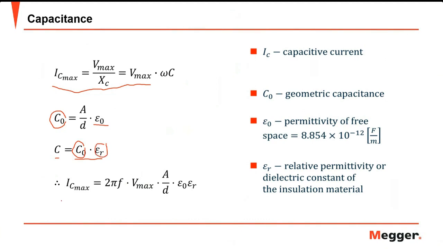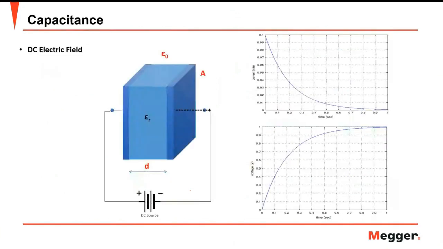So the total capacitive current that you can have is 2 pi f, the angular velocity, multiplied by the voltage or the test voltage that you have, multiplied by area over the distance, multiplied by the permittivity of free space and the relative permittivity of the dielectric. Okay, so that is the capacitance formula.